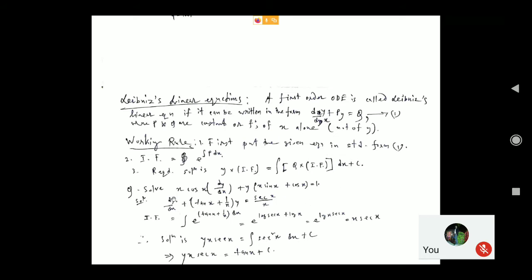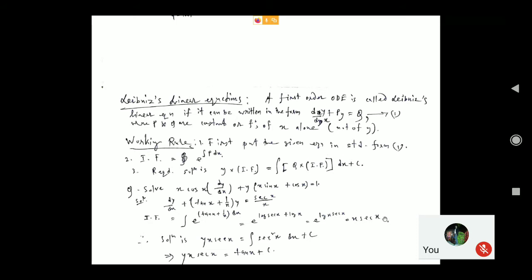So since this is a Leibniz linear equation, the integrating factor will be e to the power integration P dx. P is 10x plus 1 by x. After integration of P dx, we see that the integrating factor is x sec x.